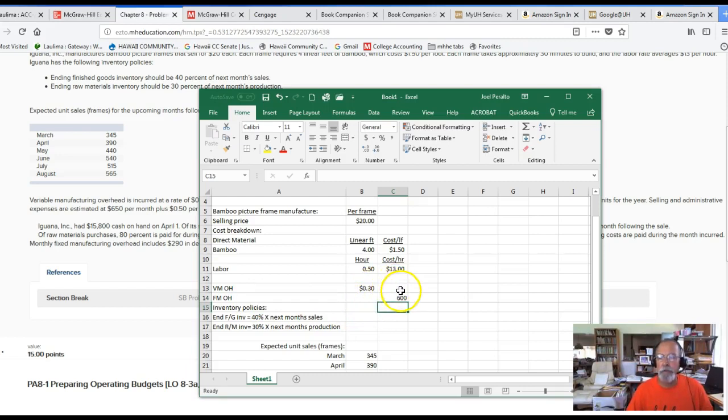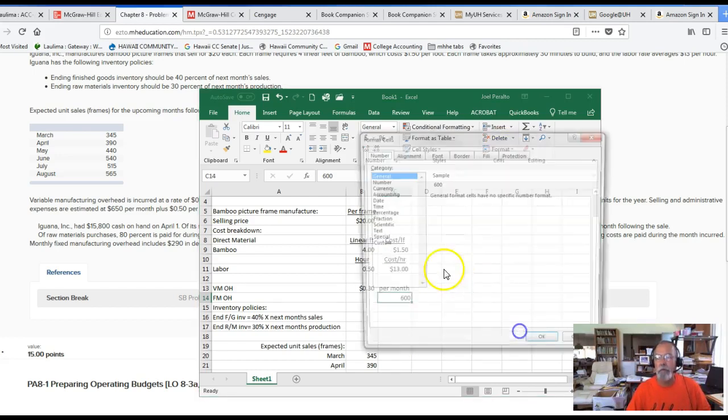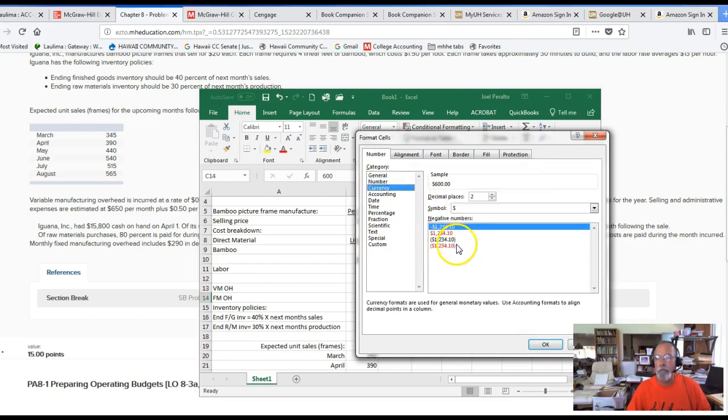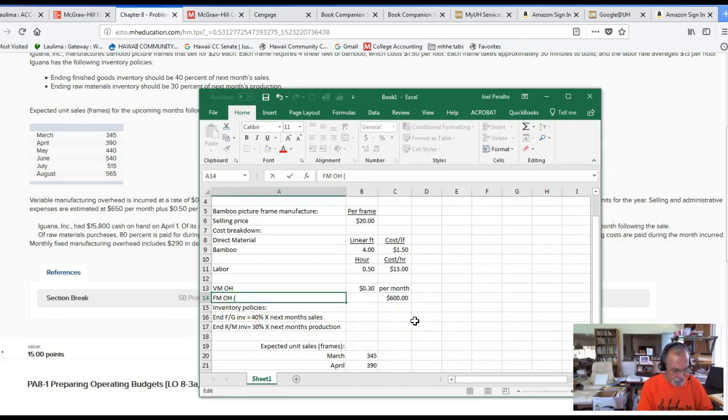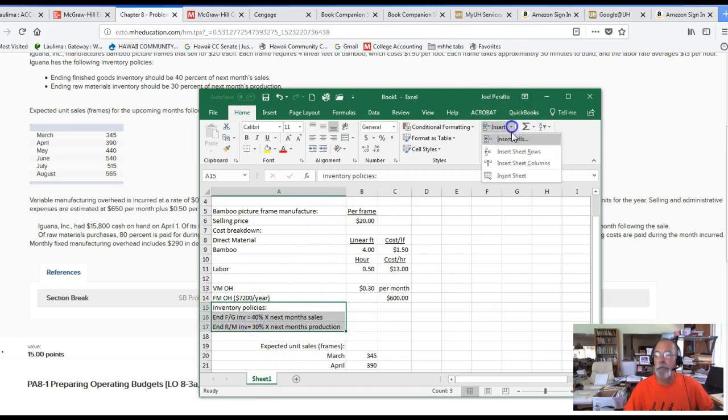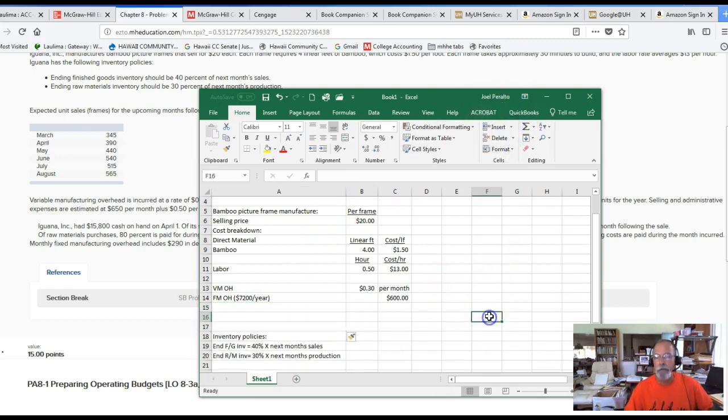This is per month, and we can put in here 7,200 per year. Let's make a little bit more space here.